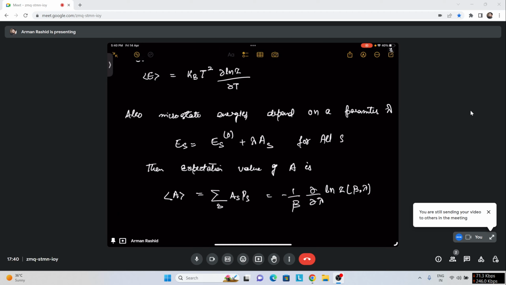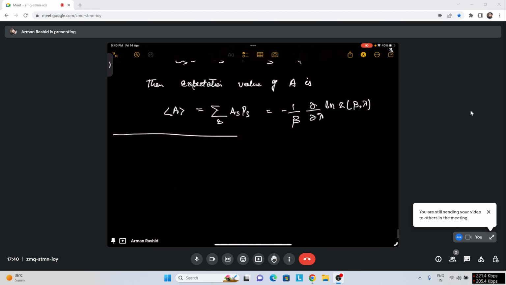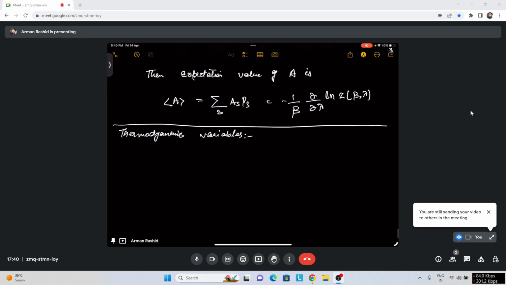Now we have to see what is the relation with various thermodynamical variables. Relation with thermodynamical variables.